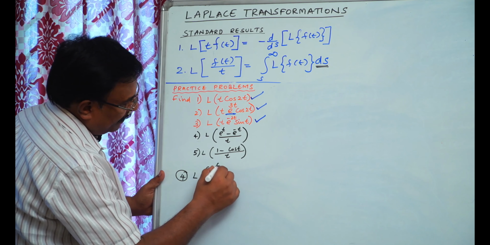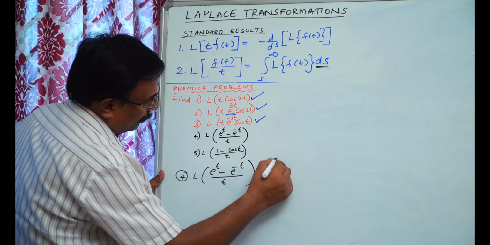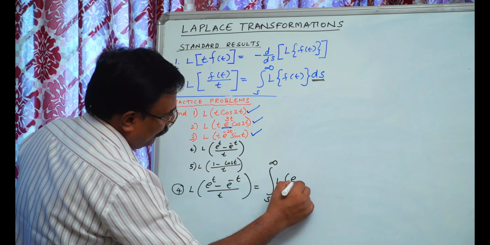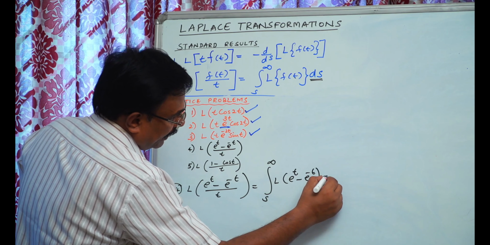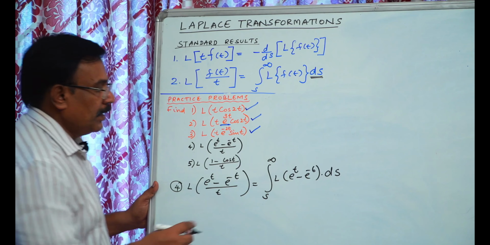Laplace of (e power t minus e power minus t) by t is equal to integral s to infinity Laplace of (e power t minus e power minus t) with respect to s, not for t.